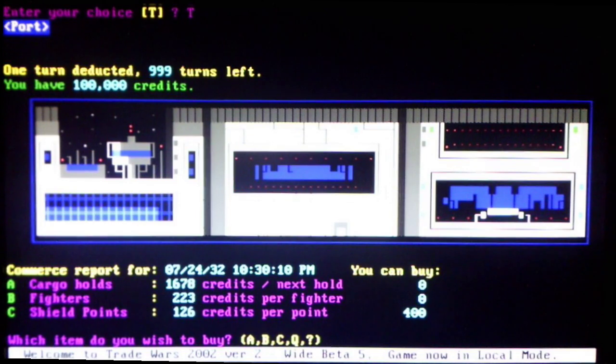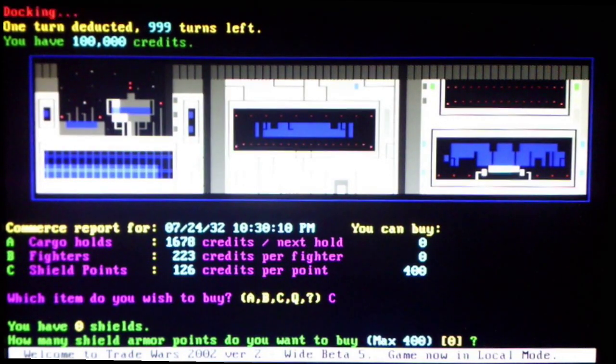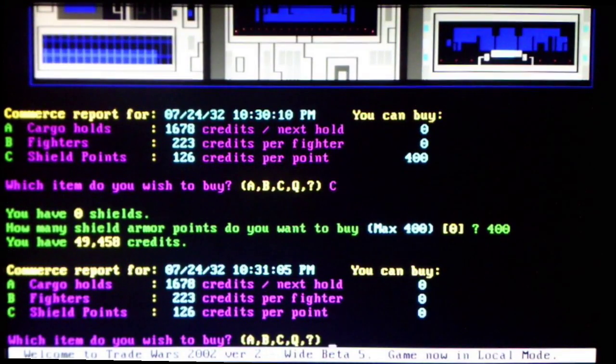So let's buy some shield points. And what are my options here?